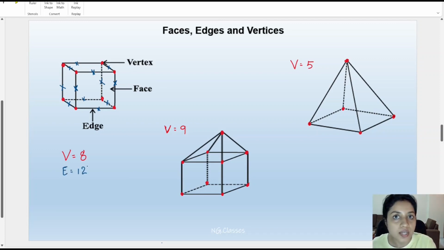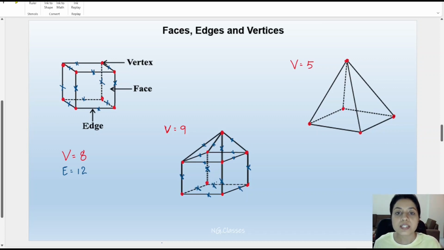Let's do the same for the next figure. Here we have 1, 2, 3, 4, 5, 6, 7, 8, 9, 10, 11, 12, 13, 14, 15, and this one 16.